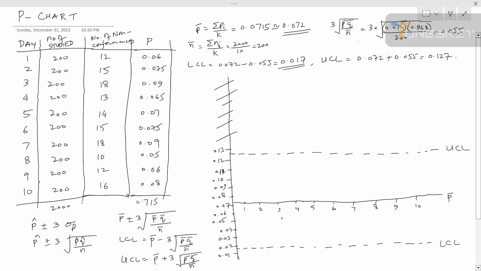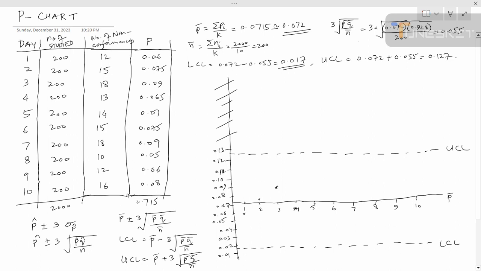And we will start locating the values as per the days. Day 1 represents the value 0.06, then 0.075 somewhere over here for day 2, then for day 3 that's 0.09, approximately here. Then day 4 is 0.065, it has gone down again and is located over here.